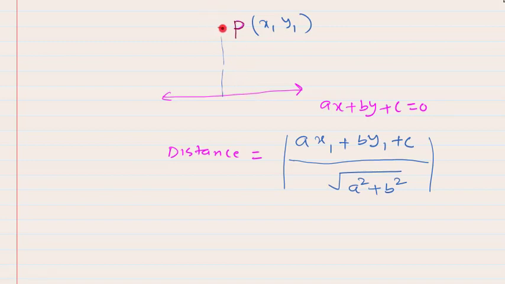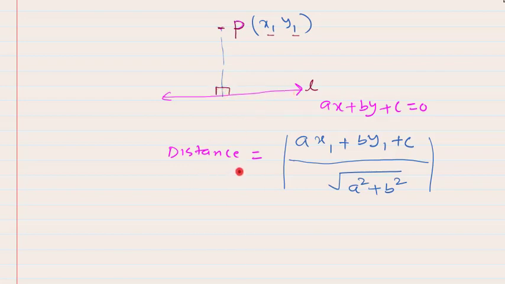Here the point P has coordinates x1, y1, and the line L has its equation as ax plus by plus c is equal to 0. If we need to calculate the distance of this point P from line L, we are talking about the perpendicular distance here.